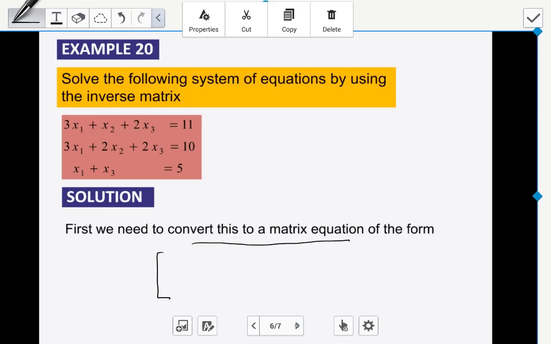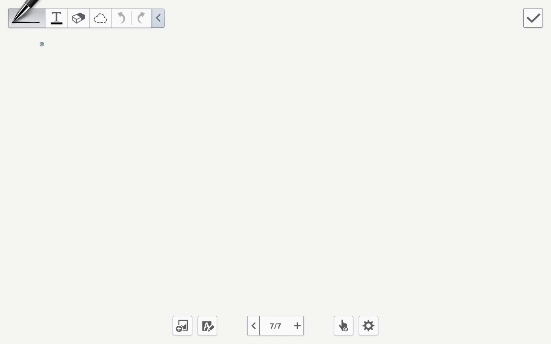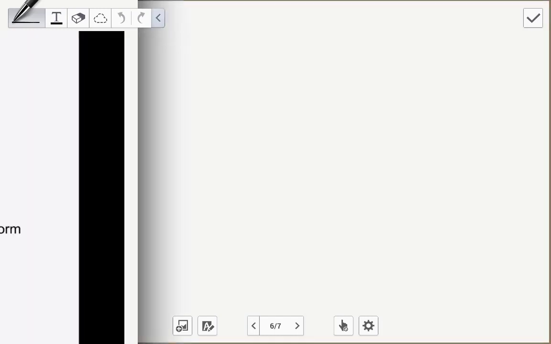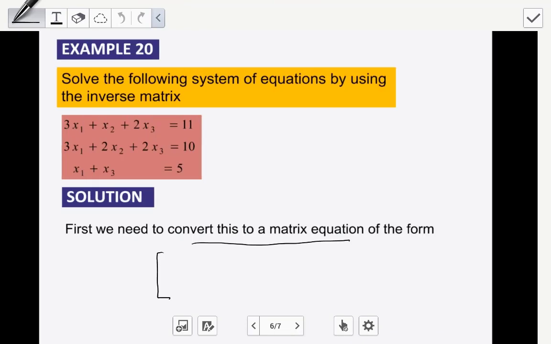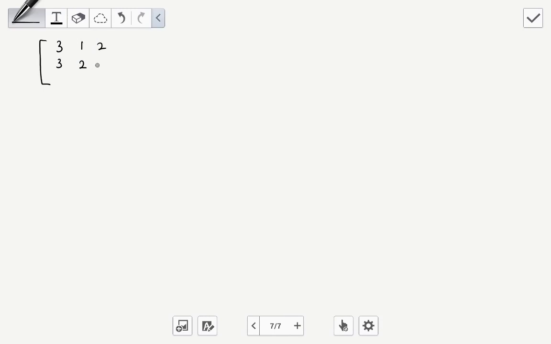Now let's do it on our next slide, so this will be easier. Your first row would be 3, 1, 2. Let's check. Yes, correct. Now the second row is 3, 2, 2, and your third row is 1, 0, 1.